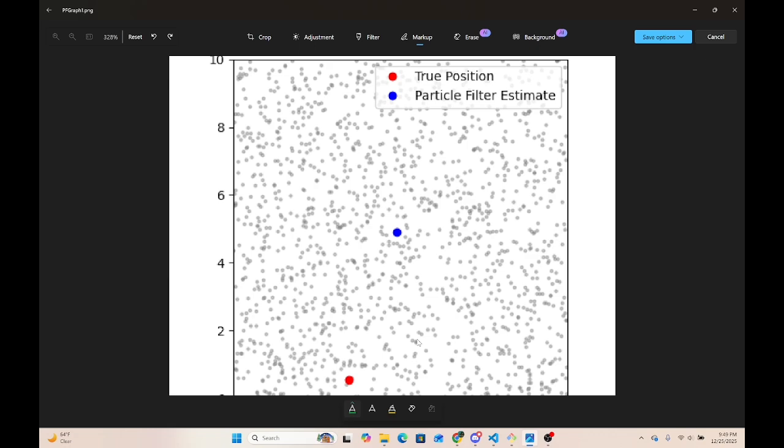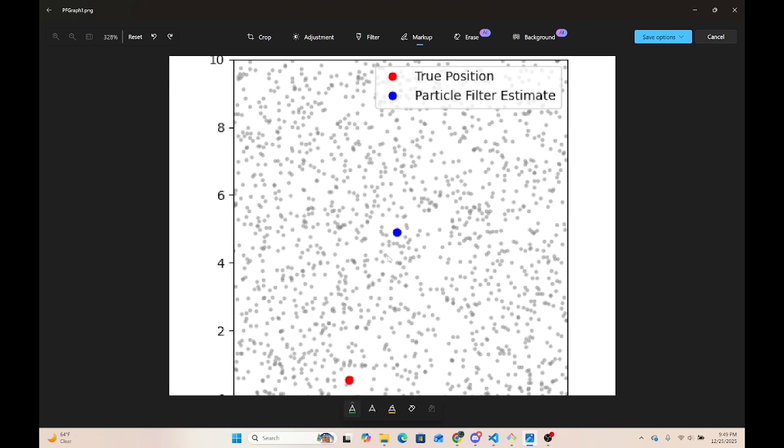Now, the big question is, how do we find this probability? Well, we have sensor data, and in my example, we have a distance sensor that tells us the distance to the closest wall. In this example, where we're located at the bottom right, we'll get a distance of roughly 1 from our sensor.